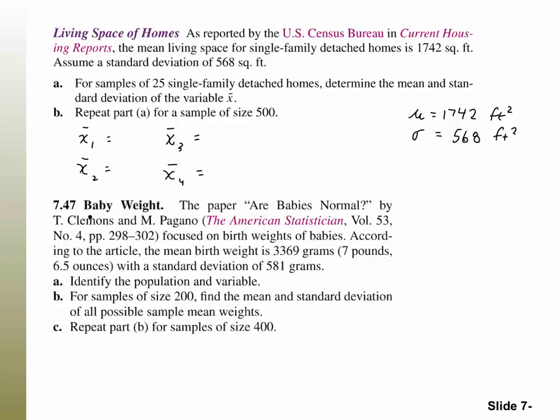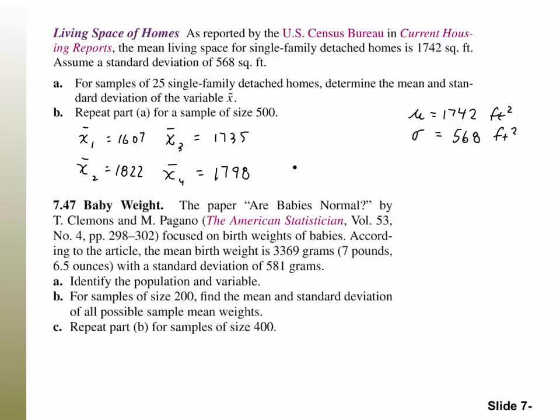So maybe the first one was 1607. I'm just making these numbers up. And then 1822. And then 1735. And then 1798. I'm just making those up out of the blue, just so we get a feel for it. For 25 homes, we're going to get a mean square foot. And we keep doing this.